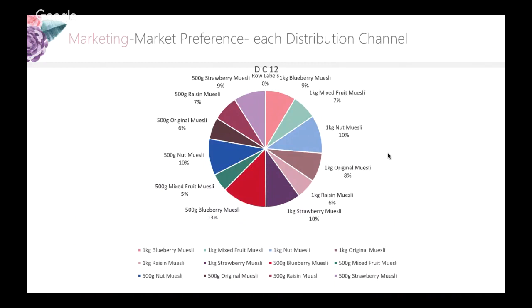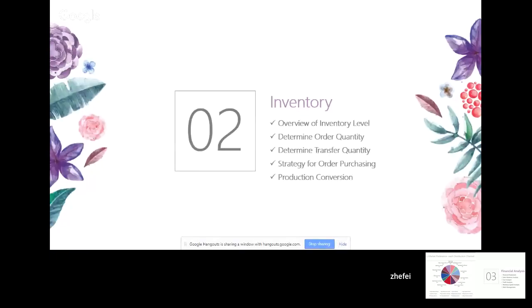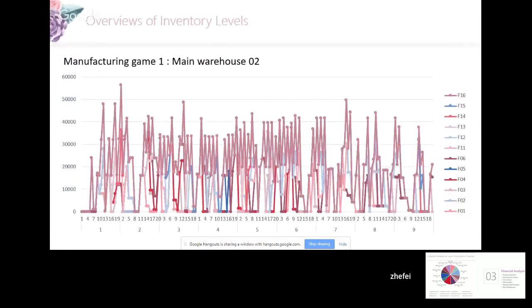Let's move to the inventory part. Hi, this is Zhefei. I'm responsible for the inventory part. First, I will show you the overview of inventory levels in each period.